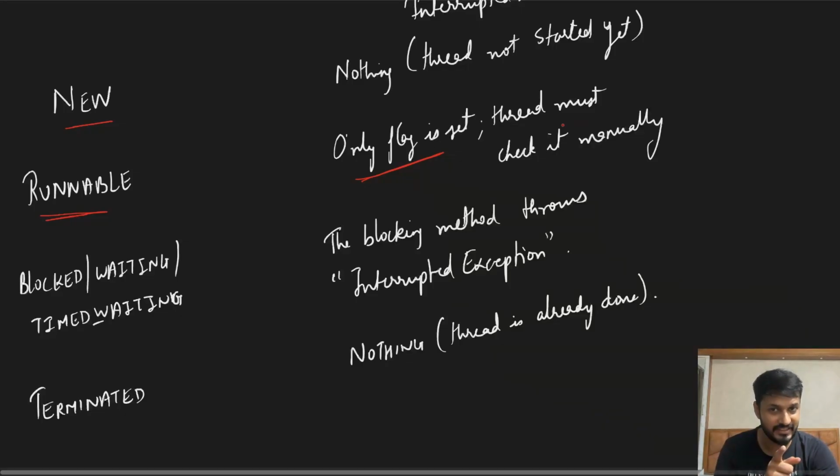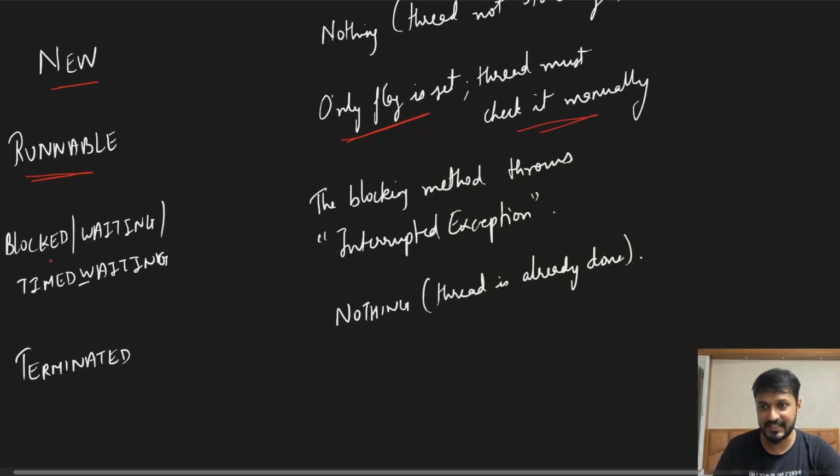So without the sleep, if you remember, we need to check Thread.currentThread().isInterrupted, then perform cleanup or some XYZ task, whichever you want. So the thread must check this flag manually and do whatever it wants to perform. In case the thread is blocked, waiting or timed waiting, with wait, sleep and all this, the blocking method throws InterruptedException, correct? And if the thread is already terminated and you try to interrupt it, nothing will happen because the thread is already done, right?